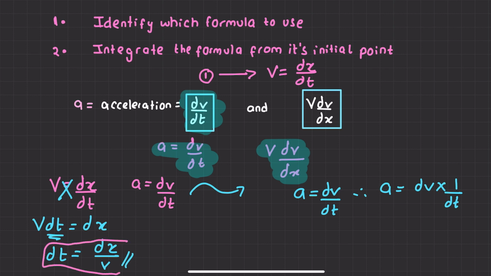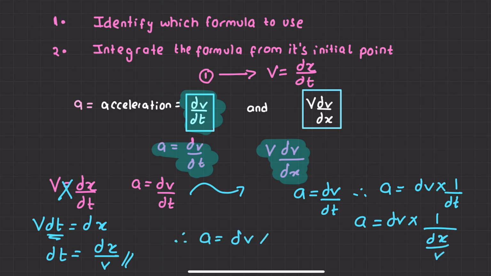And from here, we have that our dt equals dx over v. So I'm just going to quickly write that as a equals dv times 1 over dx over v. Therefore, a equals dv times v over dx, which is v dv over dx.